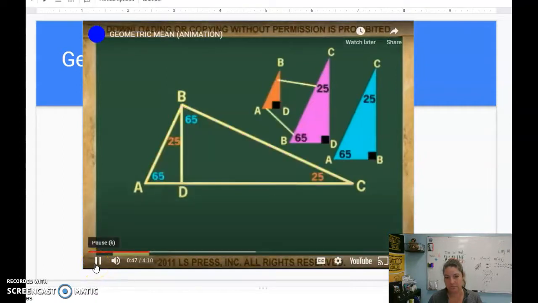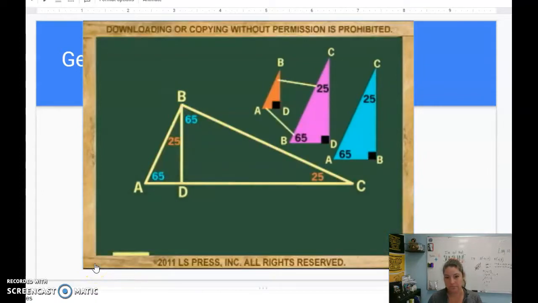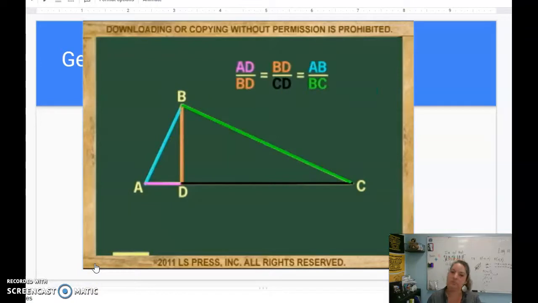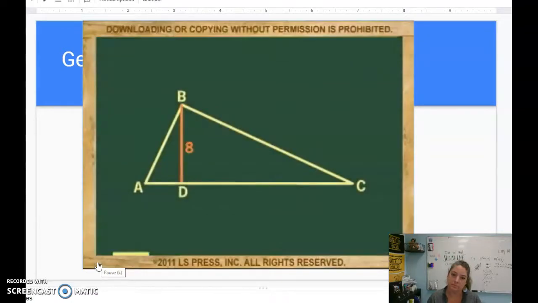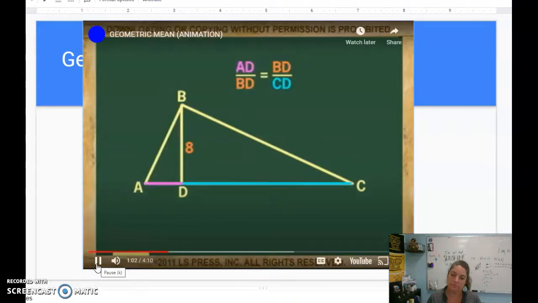This means that all their corresponding angles are equal, and corresponding legs are proportional. Let's do some examples. If the altitude of a right triangle is 8, then the geometric mean in the proportion of the other sides is also 8, and controls how large the other sides will be.